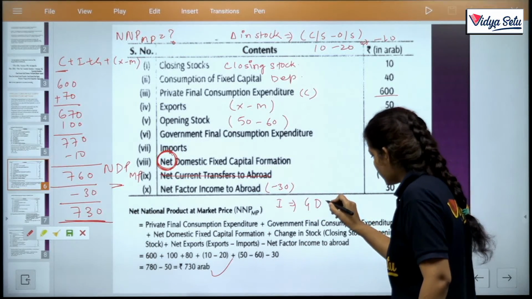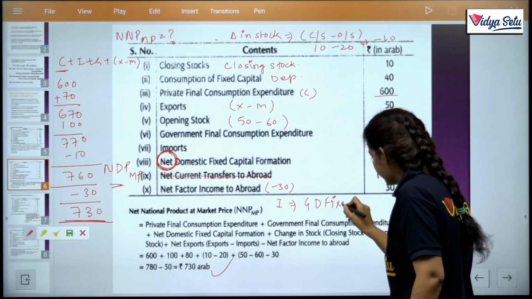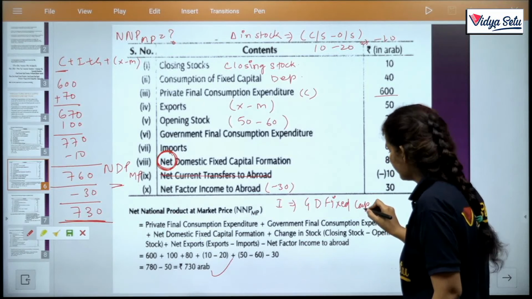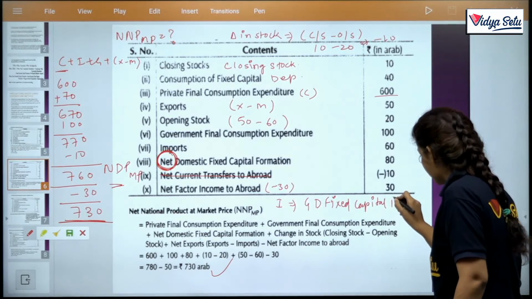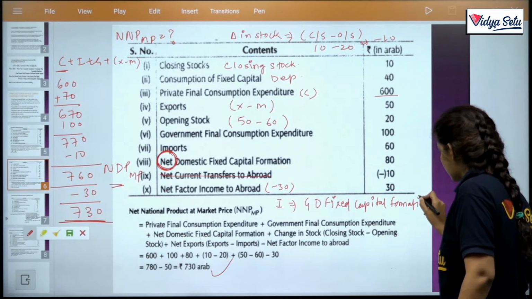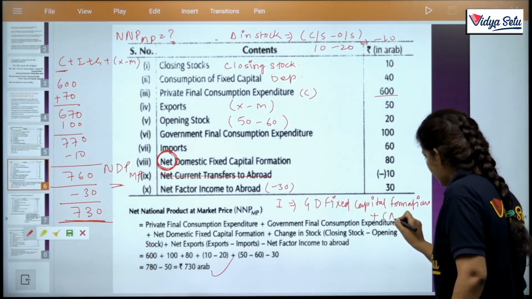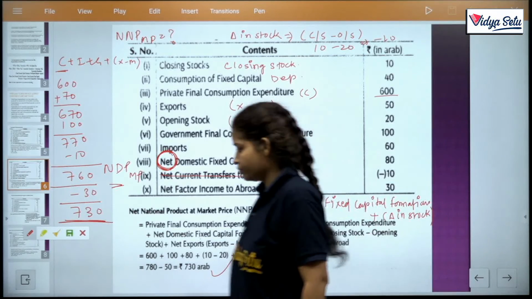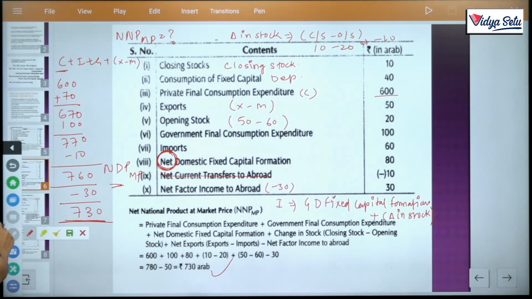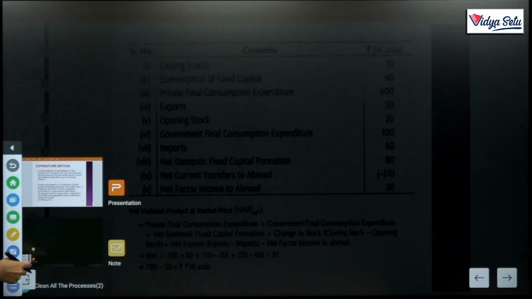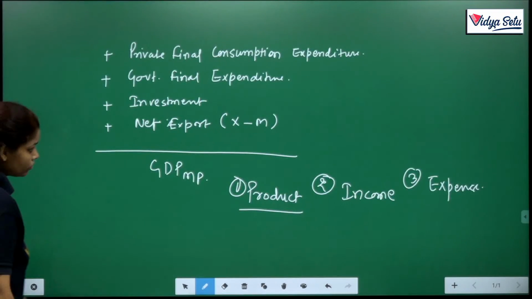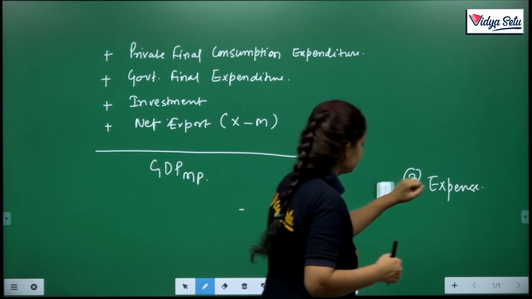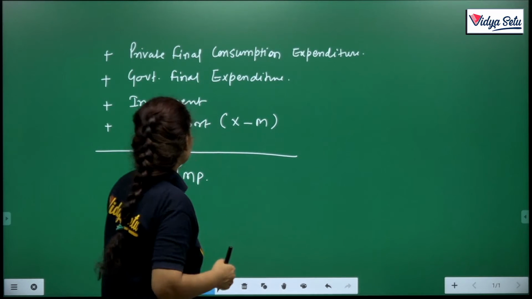So here gross domestic fixed capital formation. So we just add change in stock, and for change in stock we just take closing stock minus opening stock. Here is I.